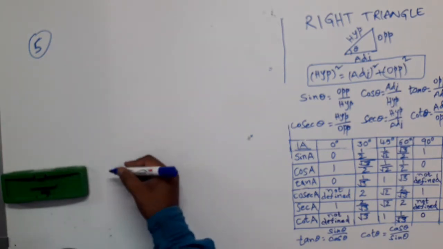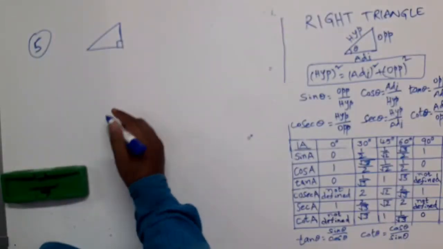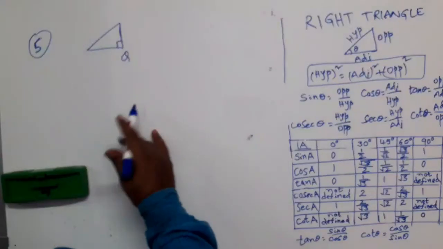Question number 5. In right angle triangle PQR, there is a right angle triangle PQR. The right angle is at Q, so this is vertex Q. And this is PR.